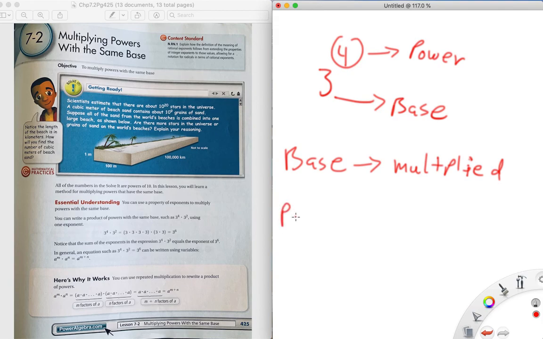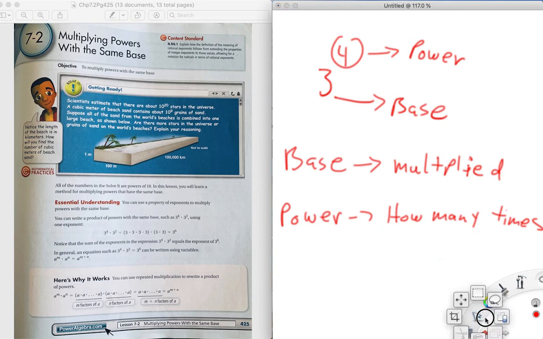The power tells you how many times you're multiplying it. The base is always the big number, and that's the number that's being multiplied over and over again, or a repeated multiplication. The power or the exponent tells you how many times.